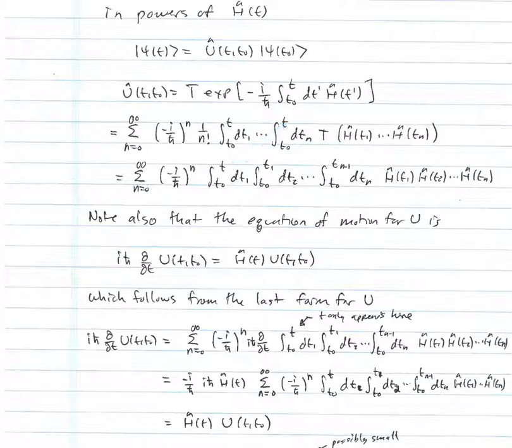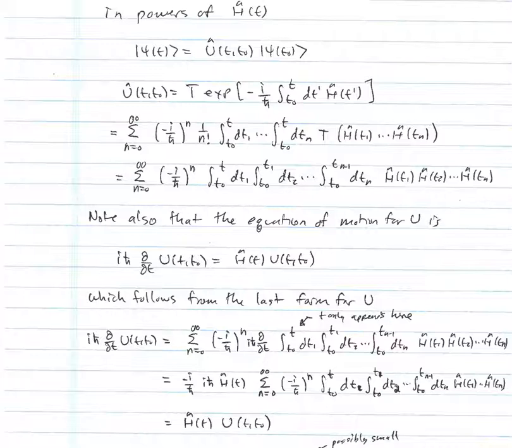Well, the only thing that depends on t1 is an H(t1) and the upper limit on the second integral. So the H(t1) will become H(t), the upper limit will become t, and we'll find that the derivative of the nth order term will look like the n minus 1 order term.